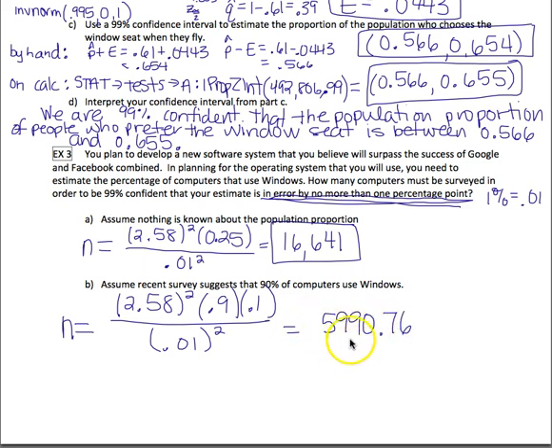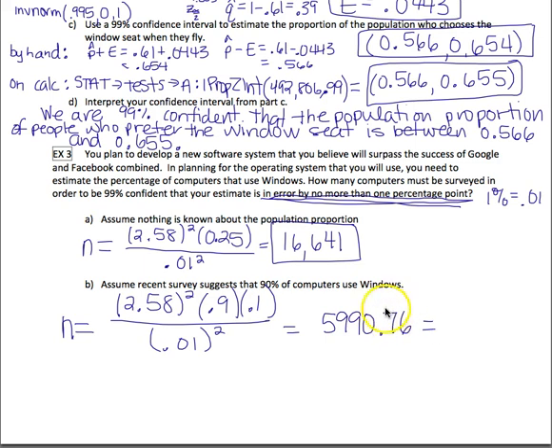Notice that this is a drastic change. When we know something about p hat, that is going to drastically change our sample size. The other thing that's true is you have to be careful. This one's a 0.76, so you would round it up anyway, but you can't survey a part of a computer. You either survey the computer or you don't.